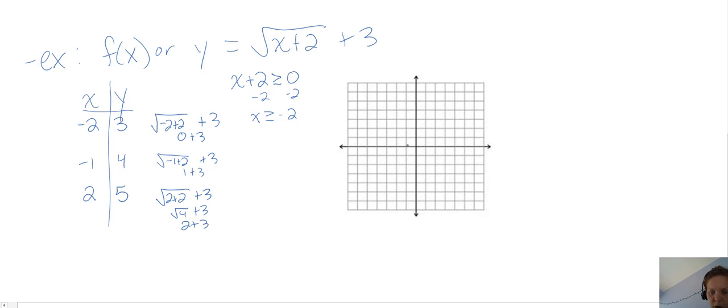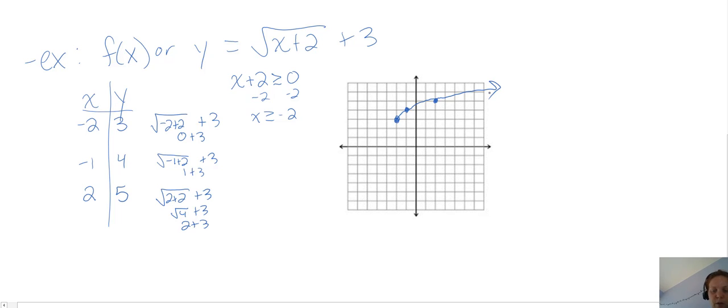So let's see what we have so far. Negative 2, 3. And then negative 1, 4. 2, 5. And we can assume it's going to have the same kind of curve, just like the last one.